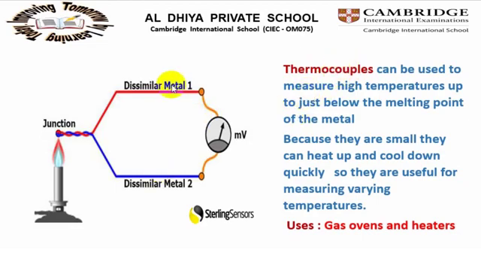It consists of two wires made from dissimilar metals which are fixed at one of the ends, creating a junction. When this junction experiences a change in temperature, a voltage is created, which we can measure. The uses of it: we use it in gas ovens and heaters.